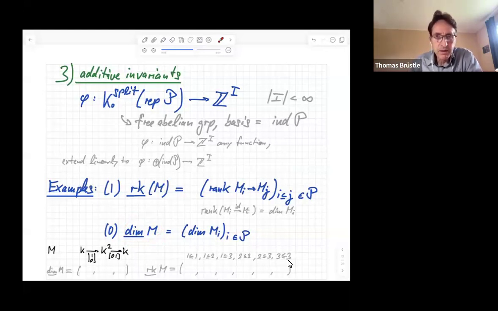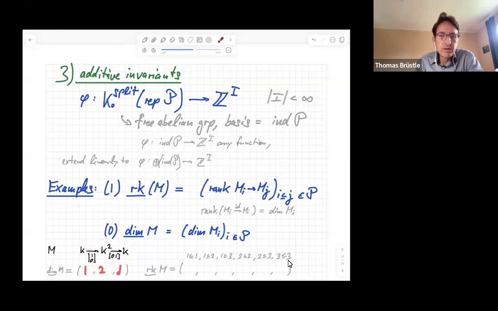Just as a little verification, let's consider an example. I have a module which is a representation of a quiver of type A3. It's given by vector spaces k squared, k, and these two linear maps here. So the dimension vector would be 1, 2, 1, because we store the pointwise dimension of the vector spaces.